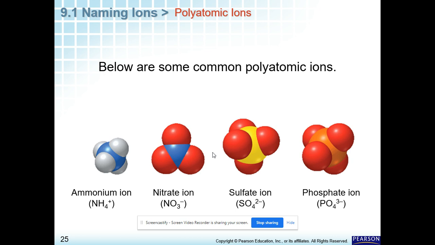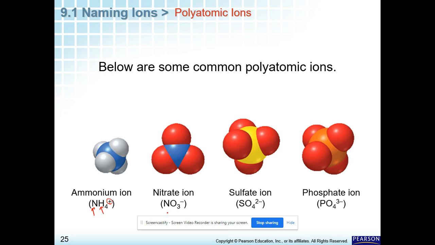Here are some common polyatomic ions. For example, ammonium ion, nitrate, sulfate, or phosphate. Notice that if we look at their formula, they have more than one atom. Ammonium is made up of nitrogen and hydrogen, and here, this tells me I have a +1 charge.